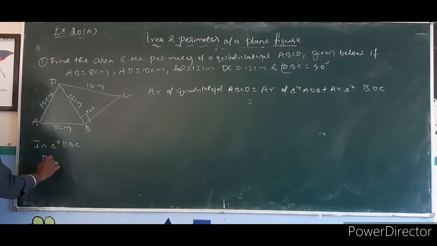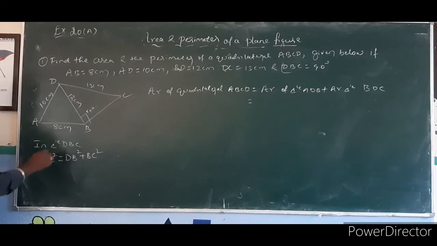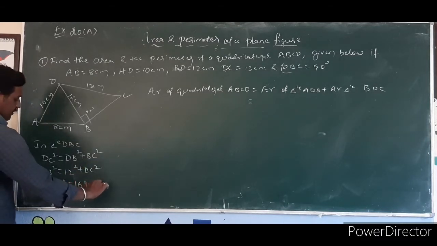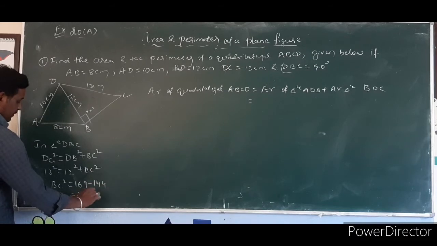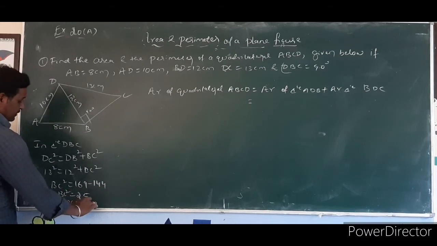So, DC square is equal to DB square plus BC square. So, DC square is equal to 13 square, 12 square plus BC square, 169 minus 144, 25. BC is equal to 5 centimeter.